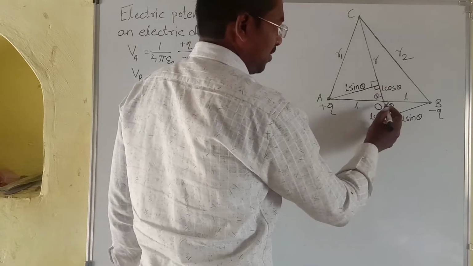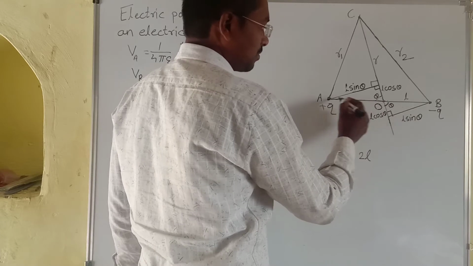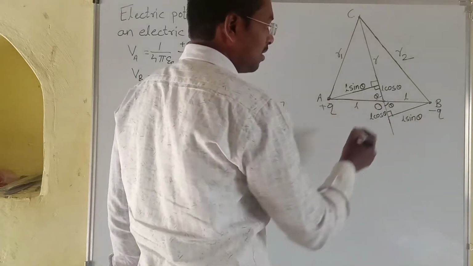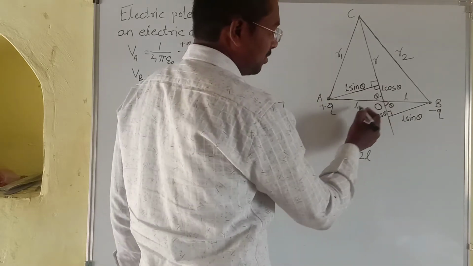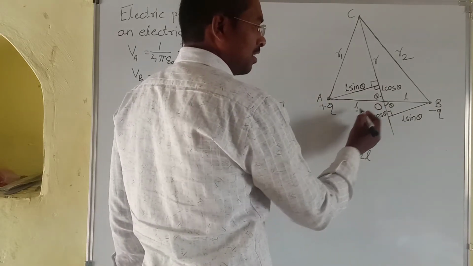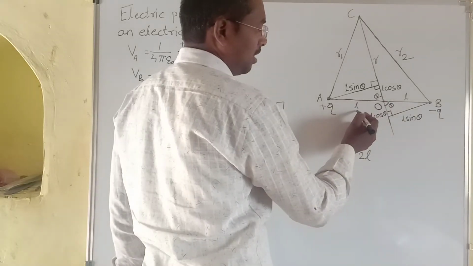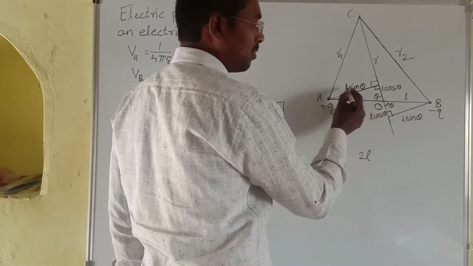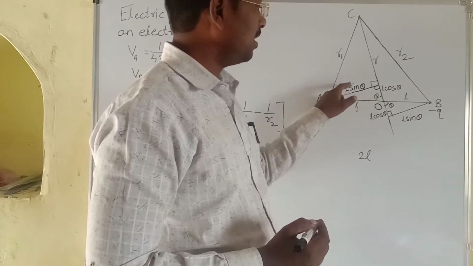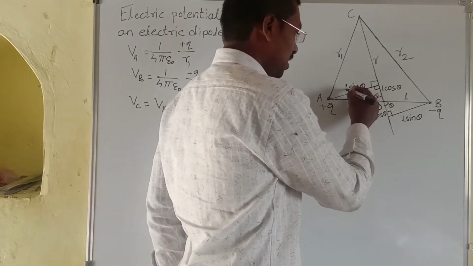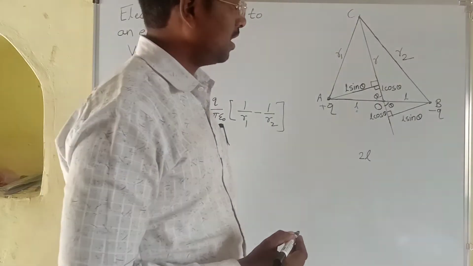If point C makes an angle theta with the axis of the dipole, then here is a small right angle triangle, and one side is L. So this angle is known and the side length L is known. Therefore, the other sides can be written: the opposite side of the angle theta is L sin theta, and the adjacent side of theta is L cos theta.